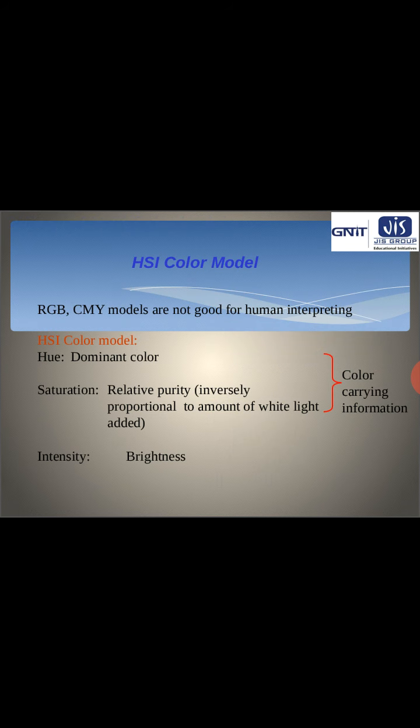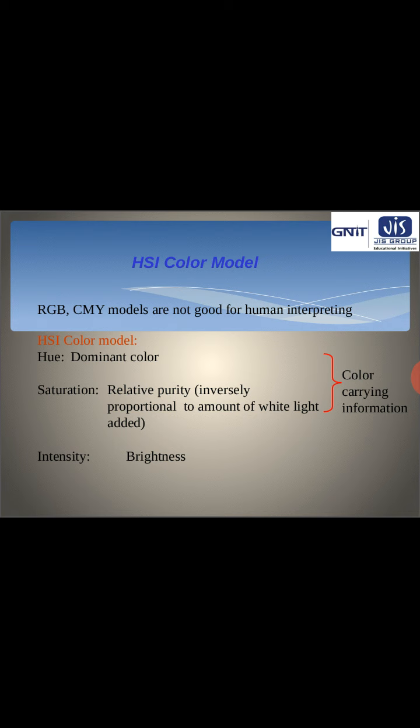So the next color model is the HSI color model, which is also very popular. H is hue, S is saturation and I is intensity. RGB and CMY models are not good for human interpretation, so in that case the HSI color model plays a very important role.